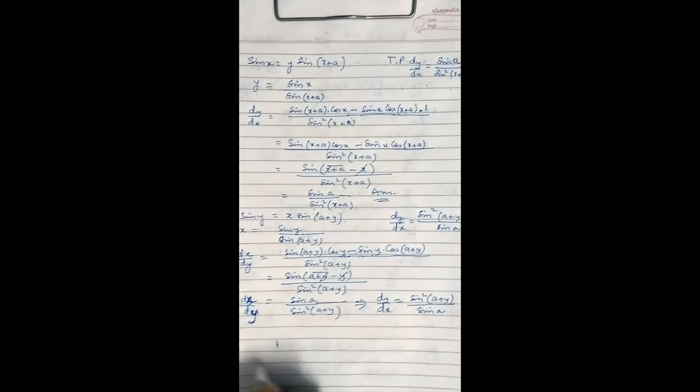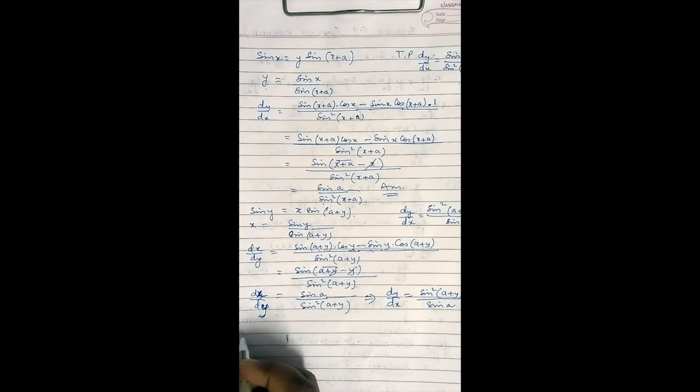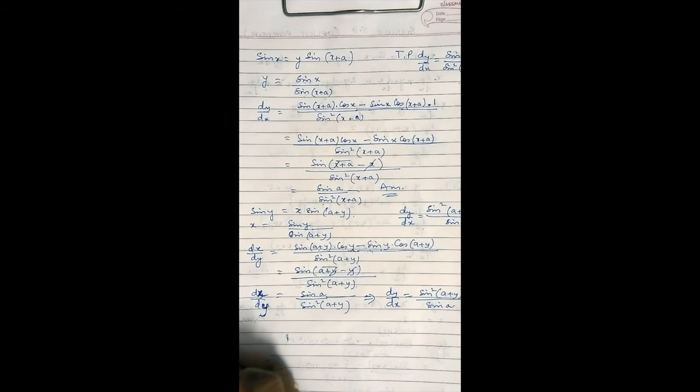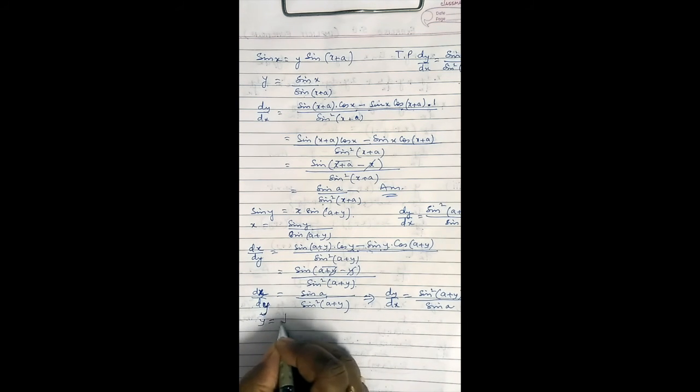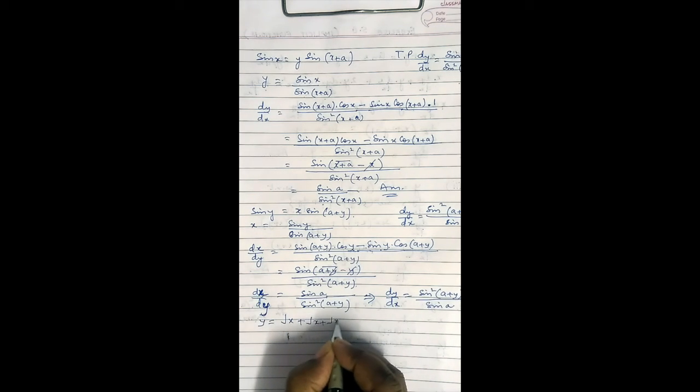Right? Now one more question I would like to show you for today. I am taking up the 11th question, first part. y is equal to under root of x plus under root of x plus under root of x.